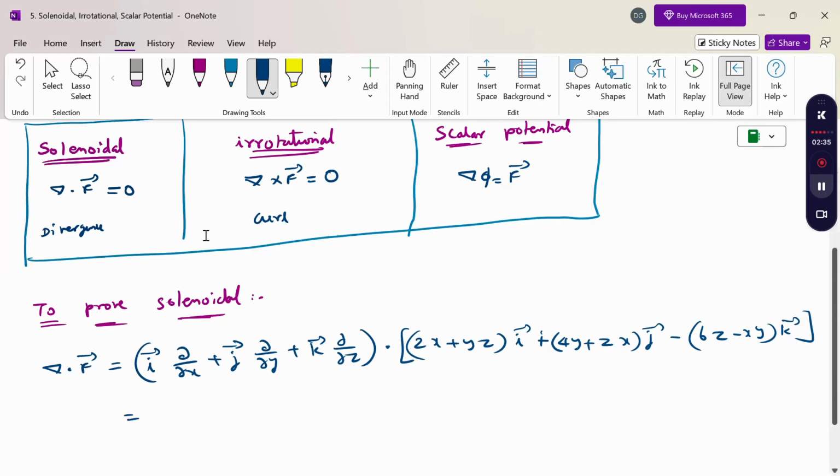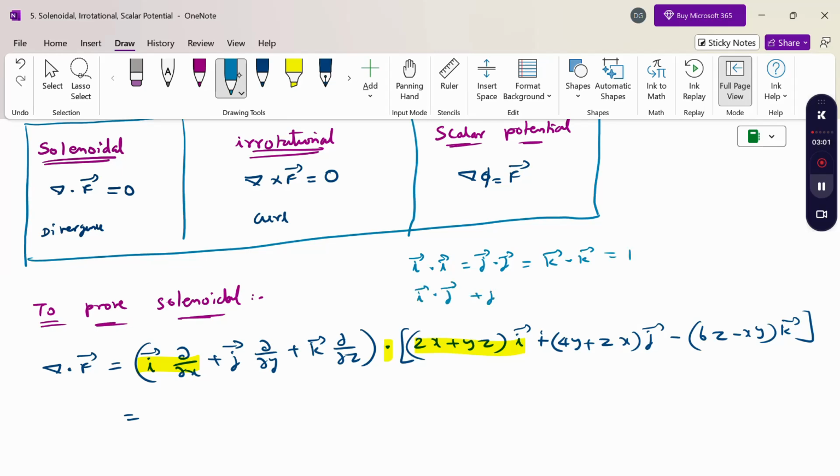Now multiplication of each and every term. To multiply the first term into this first term, in between is the dot product. So i dot i, what is the value? i dot i, j dot j, k dot k value 1. i dot j, j dot k, k dot i value 0.